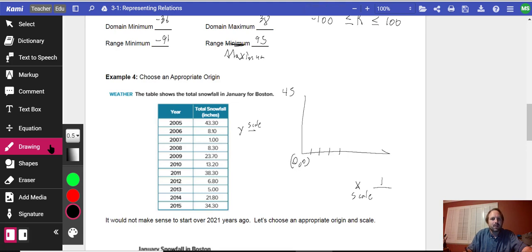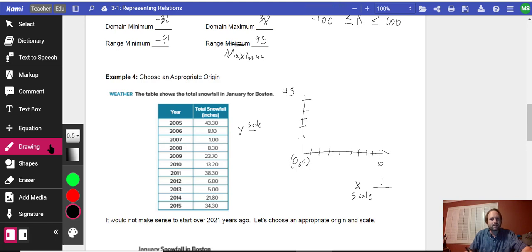And so I'd probably have like 9 of these going up. It just depends on what looks good when you're graphing. Now, for x, I'd want 0, 1, 2, 3, 4, 5, 6, 7, 8, 9, 10. So I'd want to have probably my 10 going up.